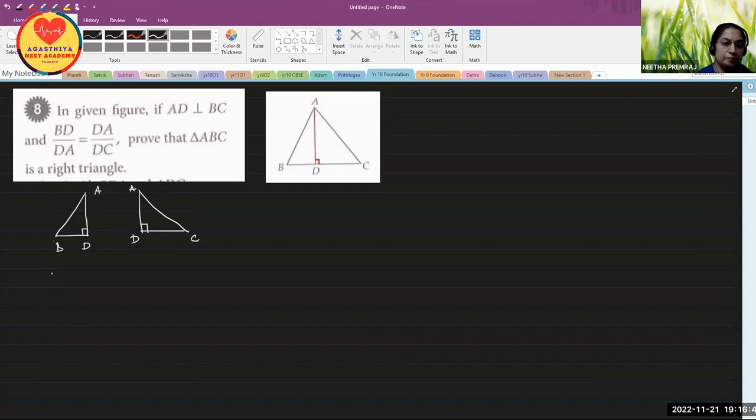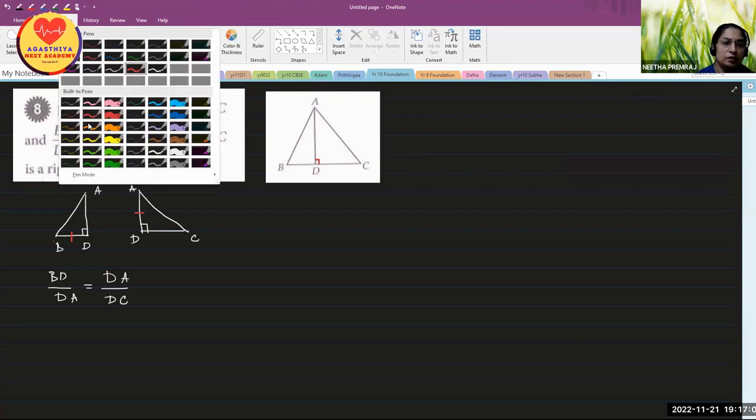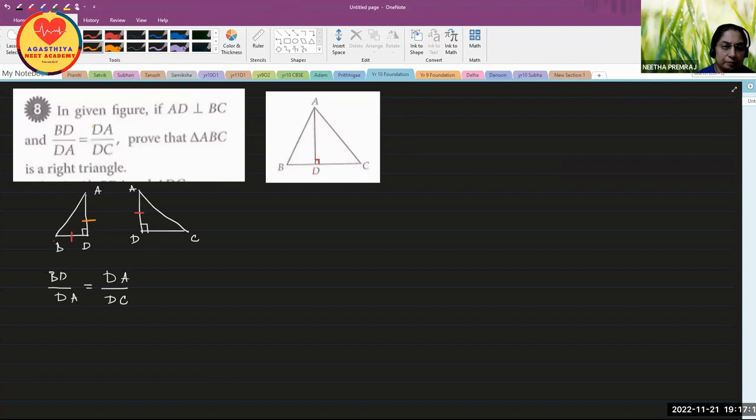It is given BD by DA equals DA by DC. What I do, I interchange. So BD by DA and DA by DC. That means these two triangles are similar, isn't it?